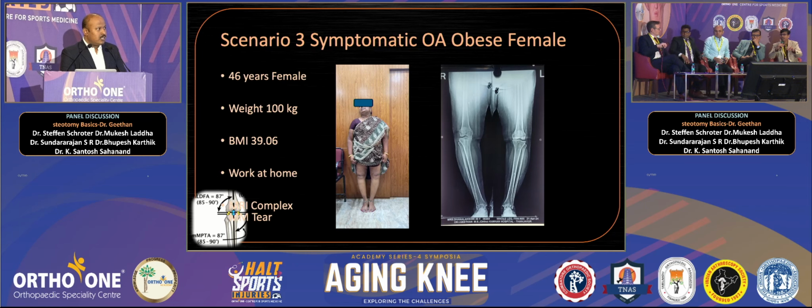In this scenario, I would prefer to take a Rosenberg view also to look into the posteromedial compartment. If I could demonstrate a bone-on-bone arthritis, at least in one view, then I would be convinced to do a replacement procedure rather than a preservation procedure. I would like to know a little more about the complaints of the patient. How is the maximum walking distance of this lady?